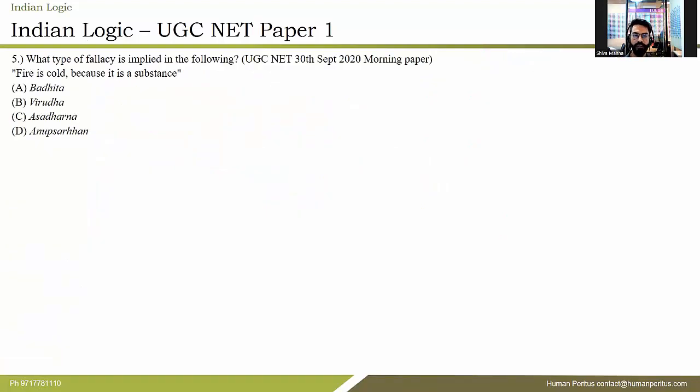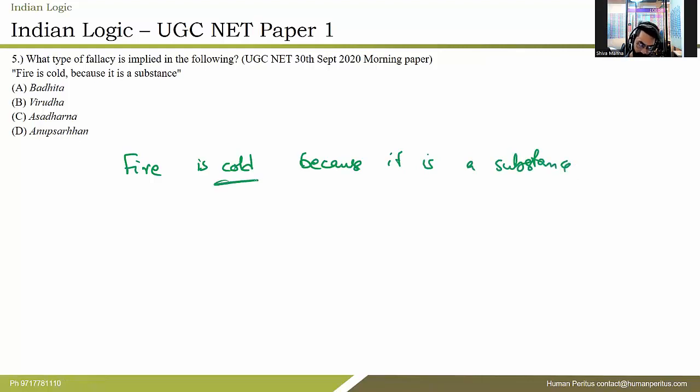So in this question, they have asked about the type of fallacy, which is: fire is cold because it is a substance. Now, let us break down the statement first. Fire is cold because it is a substance, right? The major term is cold.